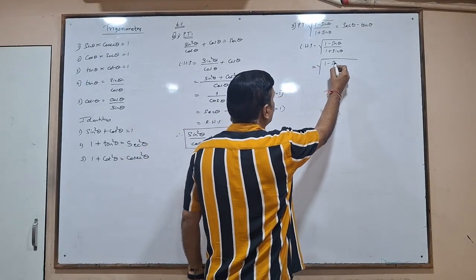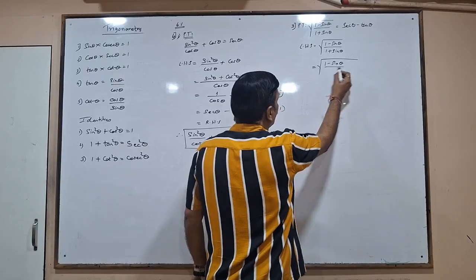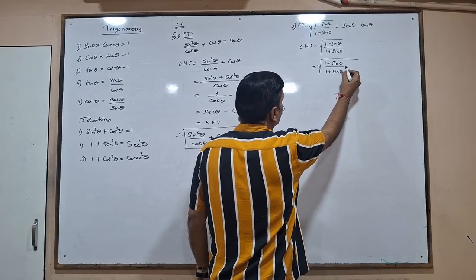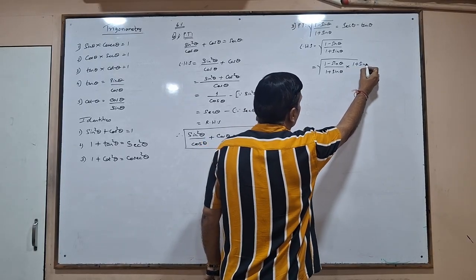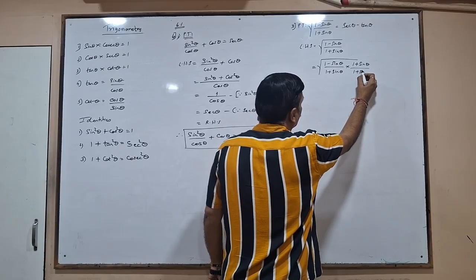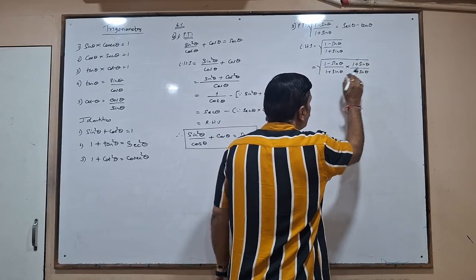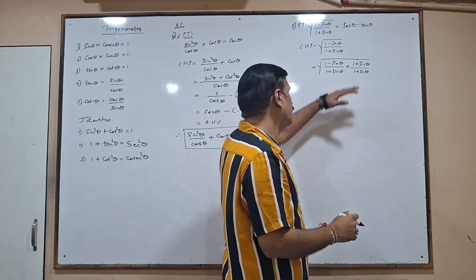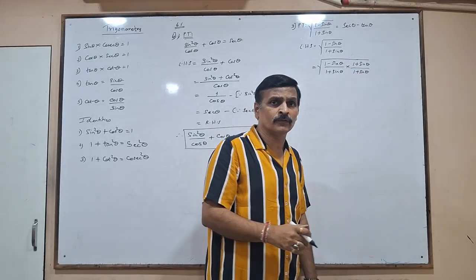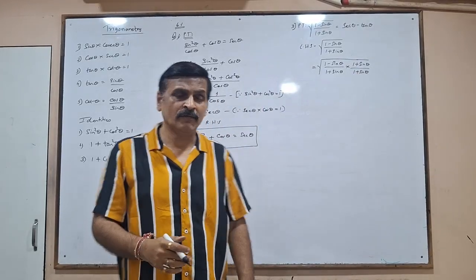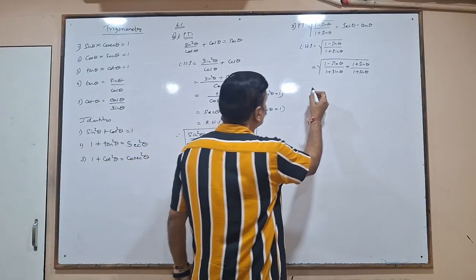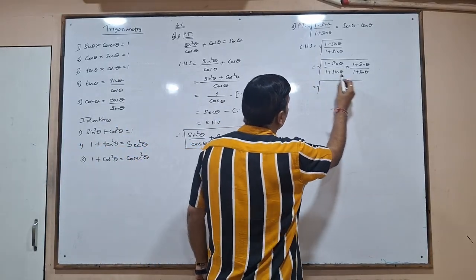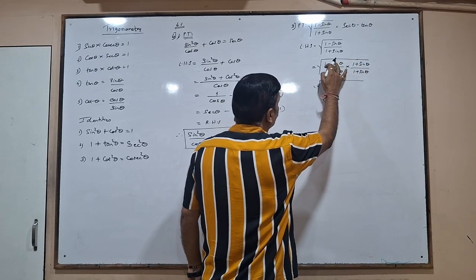So 1 minus sine theta upon 1 plus sine theta into 1 minus sine theta upon 1 minus sine. I can't just multiply the denominator; I have to multiply the numerator also. Otherwise, I am changing the question, which I am not allowed to do.